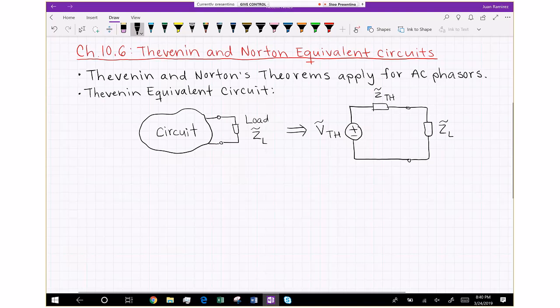Okay, so what are the steps we take? The first one is to find the Thevenin voltage.